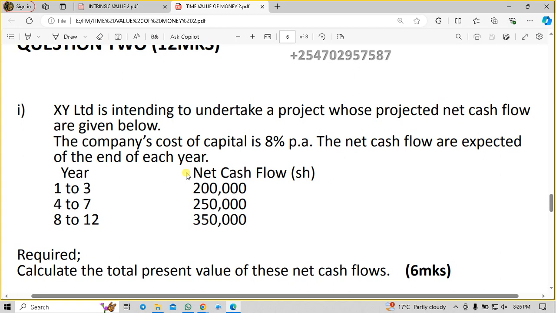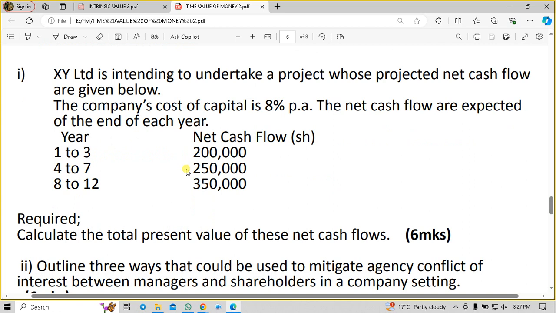For total present value, I can see 1876, 468, 1876, 396. You can still use that. So I think now when you're told to calculate total present value, you can be able to do it. So we can proceed.